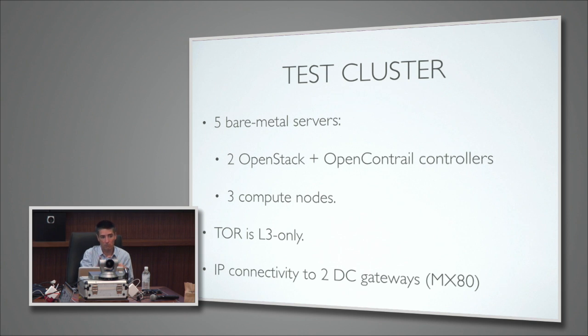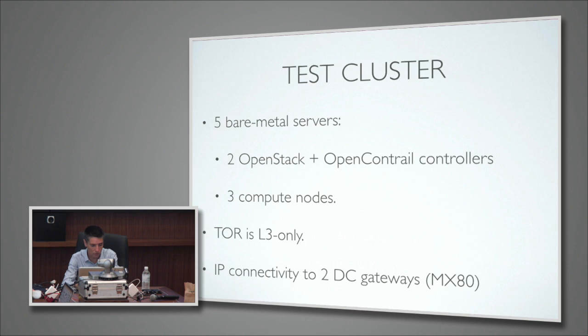The only thing that our setup assumes is that there's IP connectivity between those servers, and between those servers and a data center gateway. As data center gateways, we're using a pair of Juniper MXs, but we could use any L3VPN capable router as an interconnect.